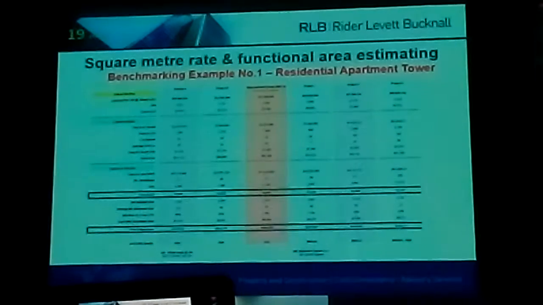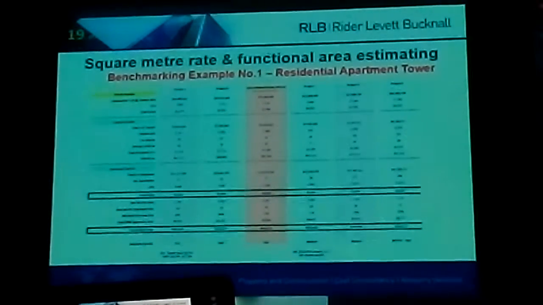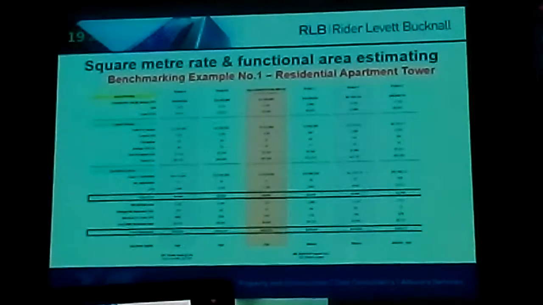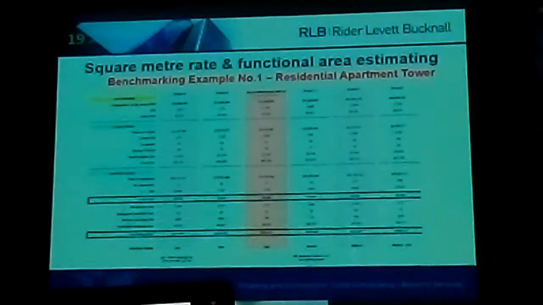As you can see, this is a powerful tool to show clients how their development compares against similar projects, and also as an internal check to confirm your numbers are right.